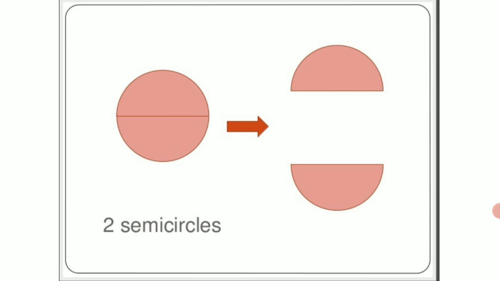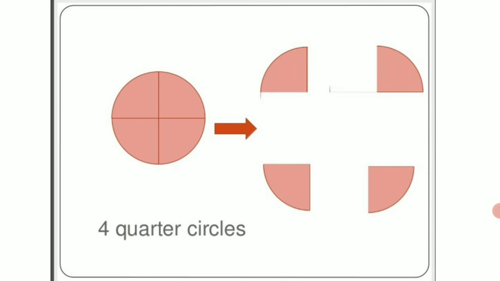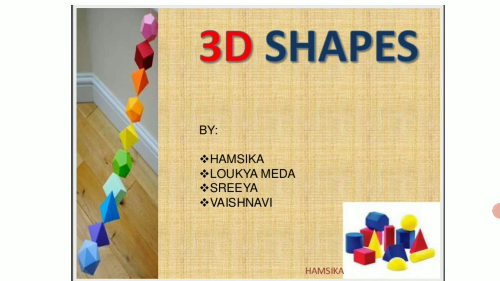So a circle basically consists of two semicircles, and if it is divided into four equal parts, then each part is called a quarter. Here, children, you can see the semicircle consists of one single curve plus one straight line. Now we see, as I said, the circle consists of four quarter circles, and each quarter circle has one curve with two straight lines.